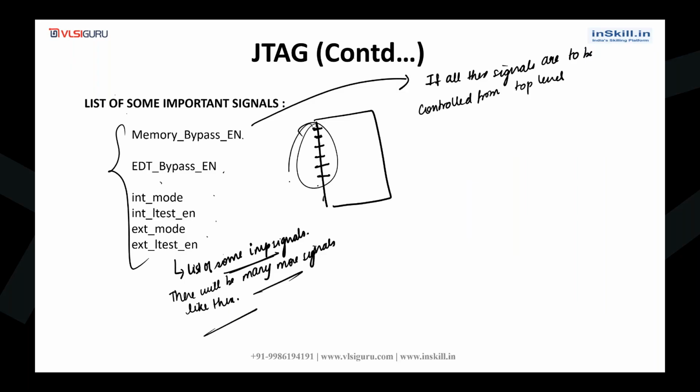Now, if all these signals are to be controlled from top level, which means you allocate a top level port to control each and every signal, then what will happen? The number of top level ports will increase drastically.